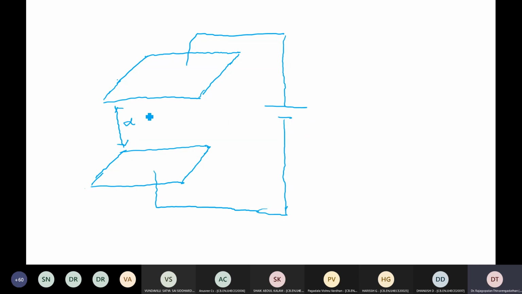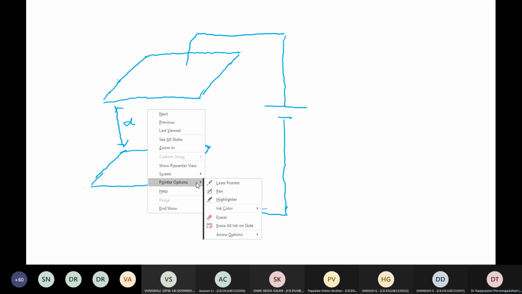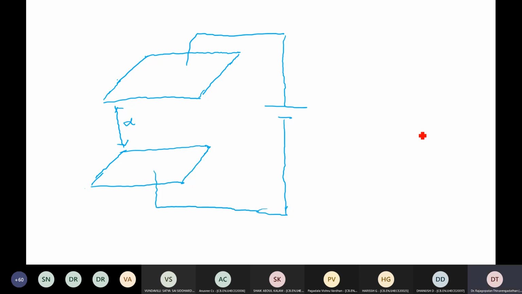So this region is separated by what is known as dielectric material.